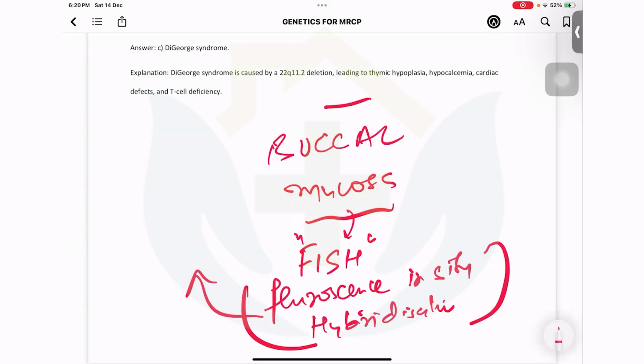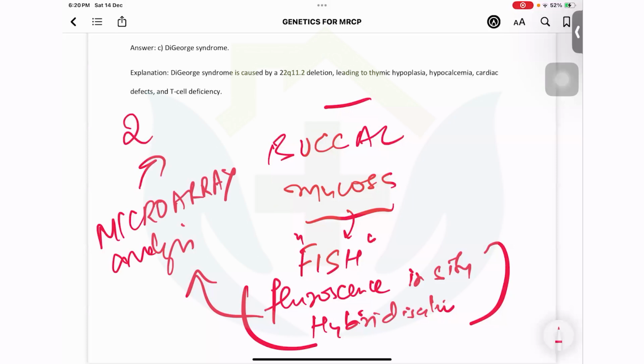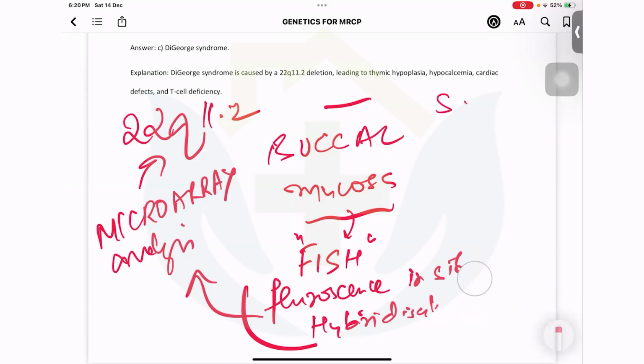If you want to go further inwards, you perform a test that we learned in the last lesson, microarray analysis. It shows that there is a deletion of the 22q11 second segment. And of course, serum calcium levels and serum parathyroid levels have to be done.